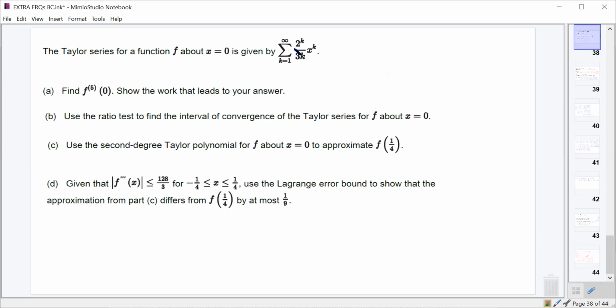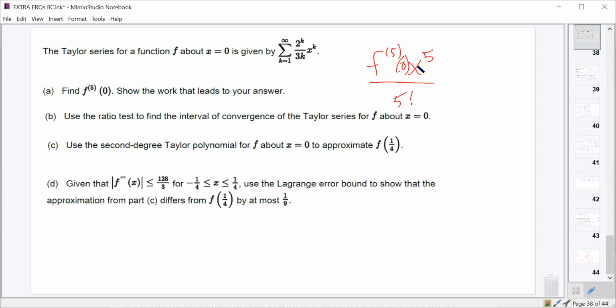So if it's x to the fifth, then we should have a fifth derivative at 0 in front of it, and we should have a 5 factorial down here, right? That should be the term that is included with our x to the fifth.